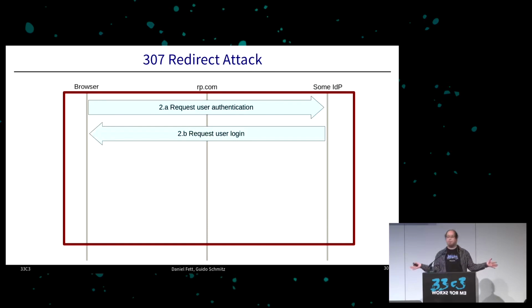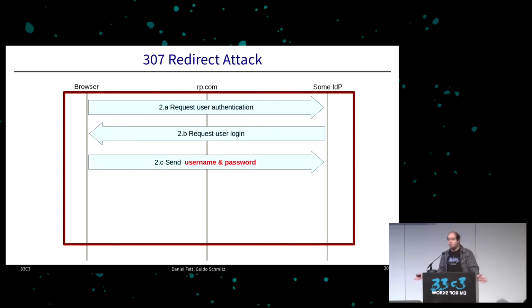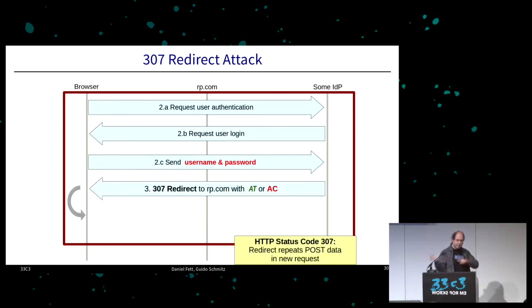Then your identity provider returns some form where you usually have to enter your username and your password. And then you enter your username and password, and these are sent over to the identity provider. And now, if this identity provider redirects you back to the relying party and uses the wrong HTTP location redirect method for this, namely the 307 method, then the following happens.